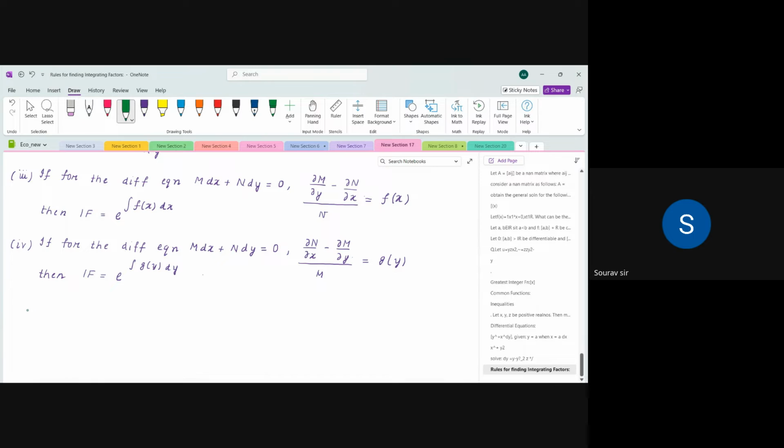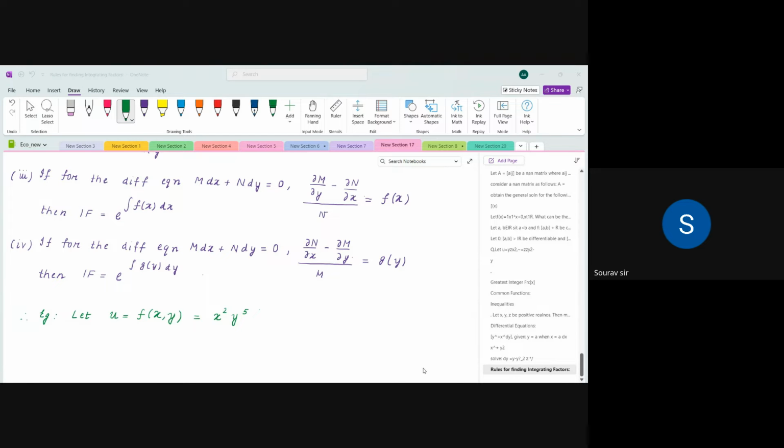Basically the idea is, let's say I have a bivariate function f(x, y). Let me take a small example. Let u be a function of x and y, like x squared y to the power 5.